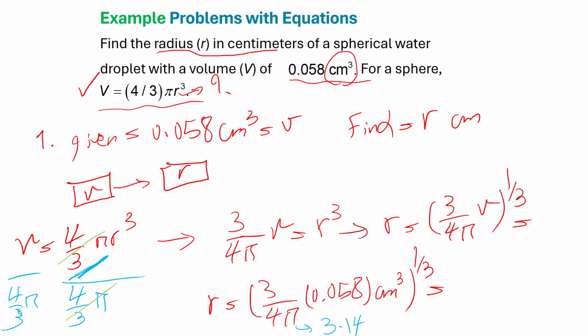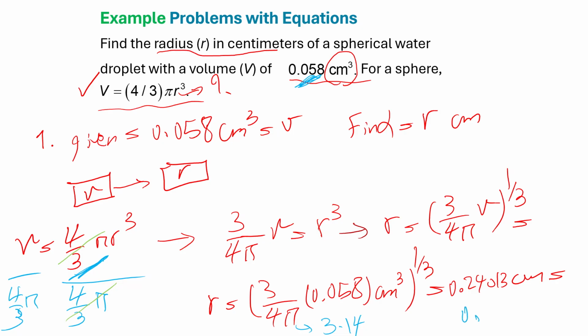And the final answer would be 0.24013 centimeter. And since your given value has two significant figures, you also need to write your answer with two sig figs.